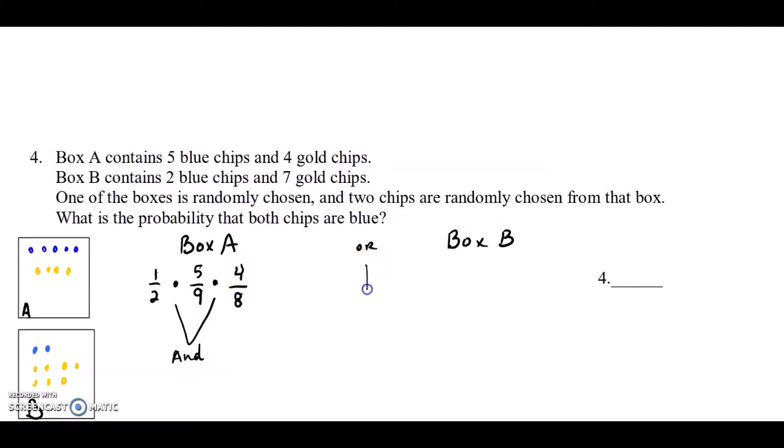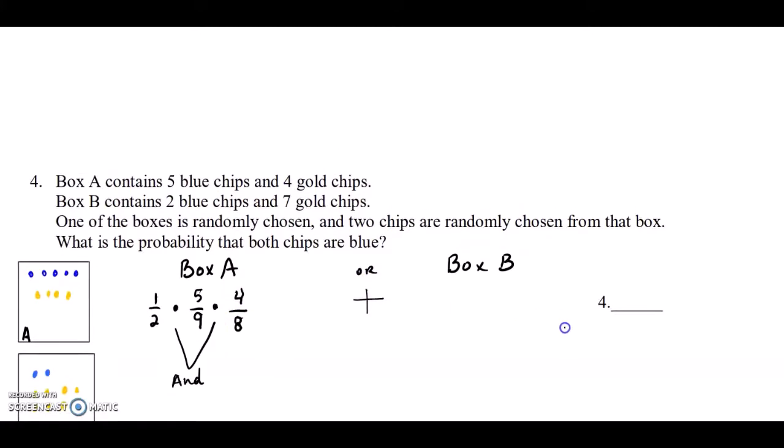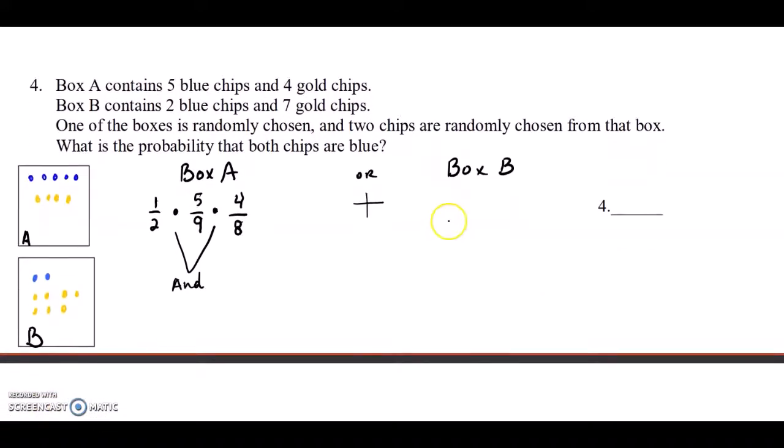Or, if I draw box B, I have a 1/2 probability of drawing box B, and there are 2 out of the total 9 chips in here that are blue. So my first pull, I have a 2 out of 9 probability of drawing a blue chip. And then my second pull, I could pull 1 out of 8. Again, these are ands.